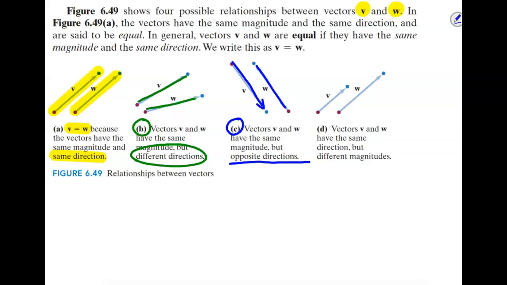This is heading south, and this one's heading north, so they're not considered the same direction. All right, and then the last one, D, the vectors V and W have the same direction, so they're both heading northeast, but vector V is smaller than vector W. They're different lengths, different magnitudes.